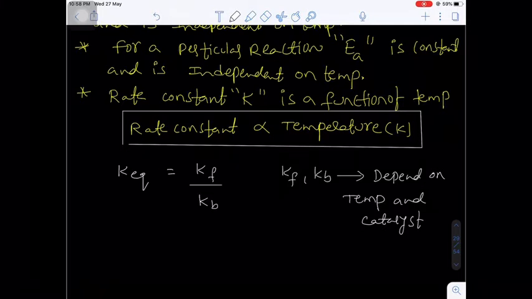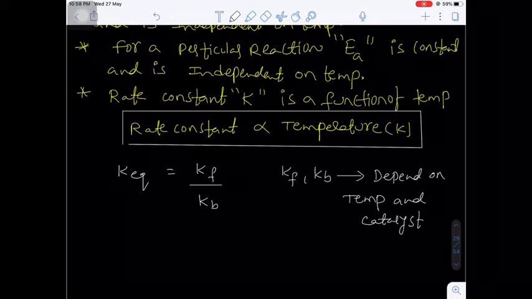Just now I told you, as the temperature increases, the rate constant of a reaction also increases, both for forward as well as backward. And also catalyst. Do you know the definition of a catalyst? It is a substance which increases the rate of a chemical reaction. If the rate of a reaction increases, obviously the rate constant also increases.